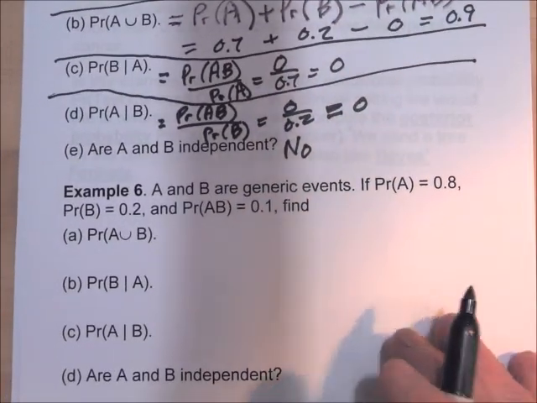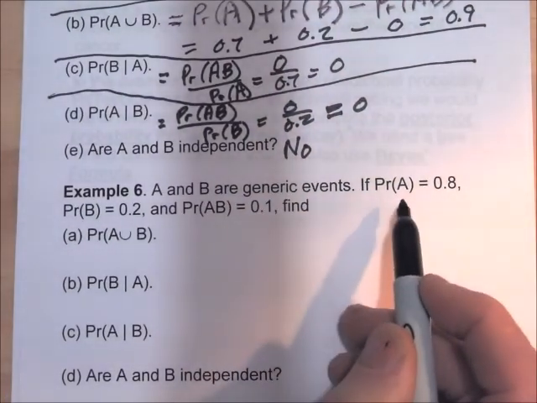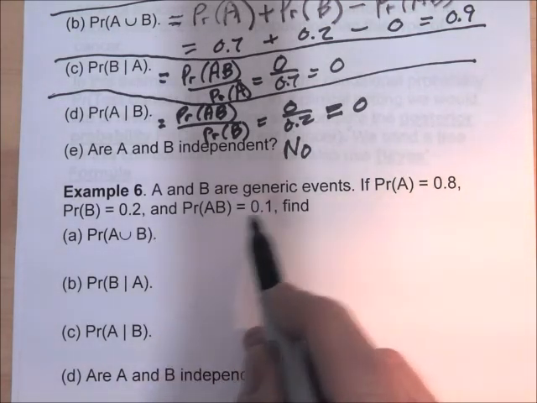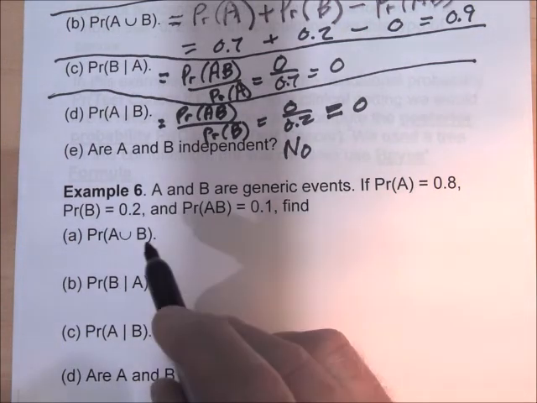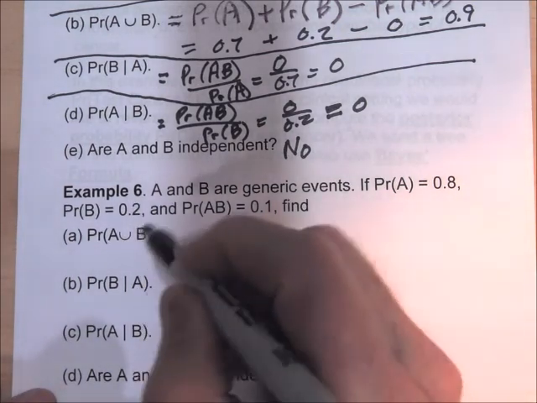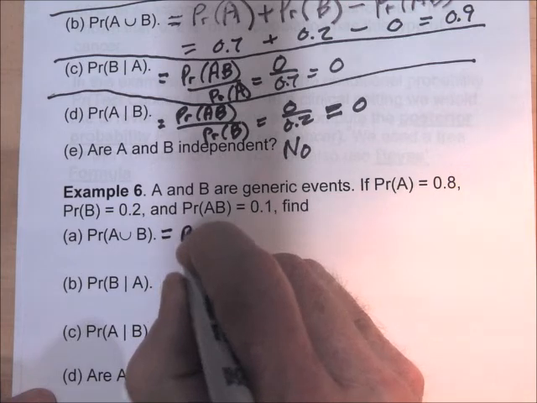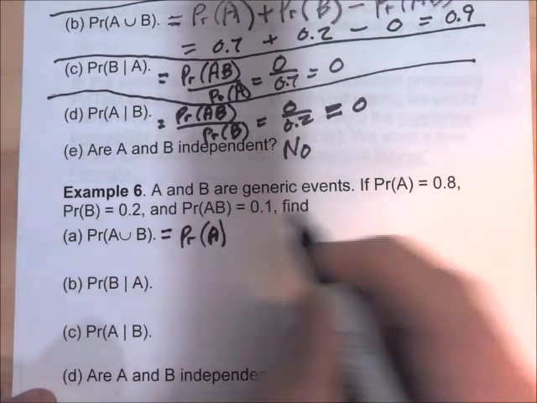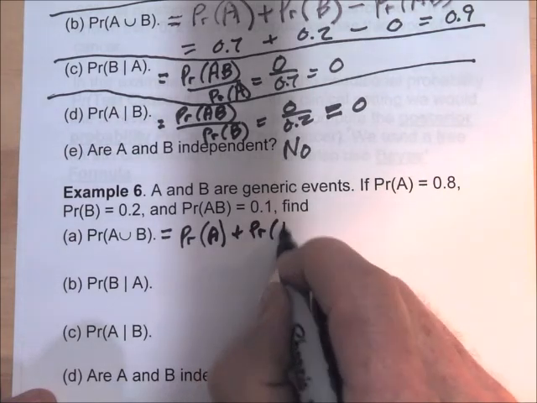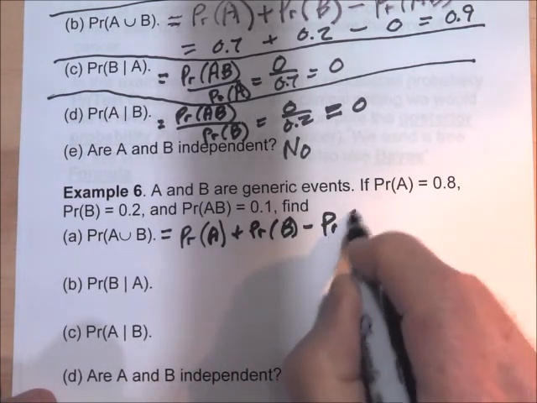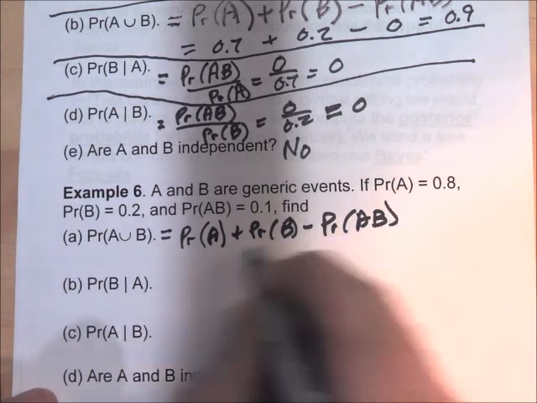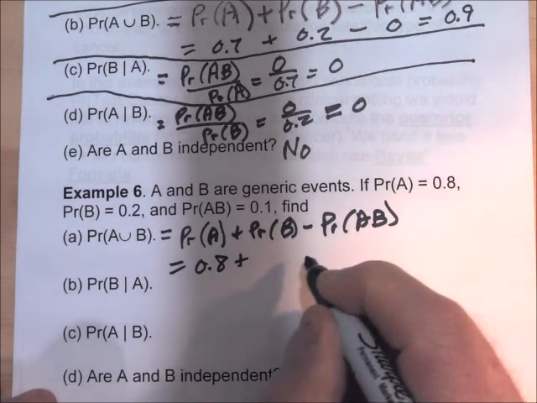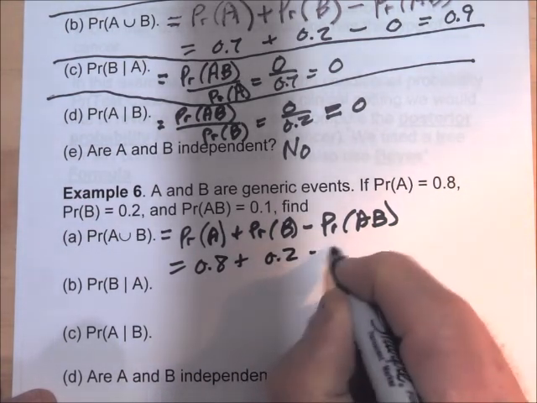Okay, example 6. A and B are generic events. Probability of A is 0.8, probability of B is 0.2, probability of both is 0.1. Probability of A union B, that's A or B or both. So it's the probability of A plus the probability of B minus the probability of both A and B. So this is going to be 0.8 plus 0.2 minus 0.1.